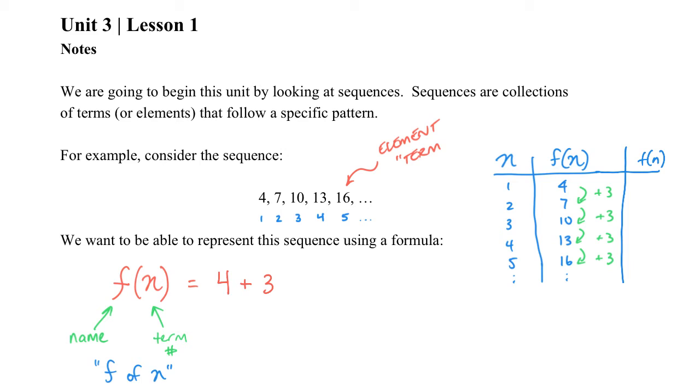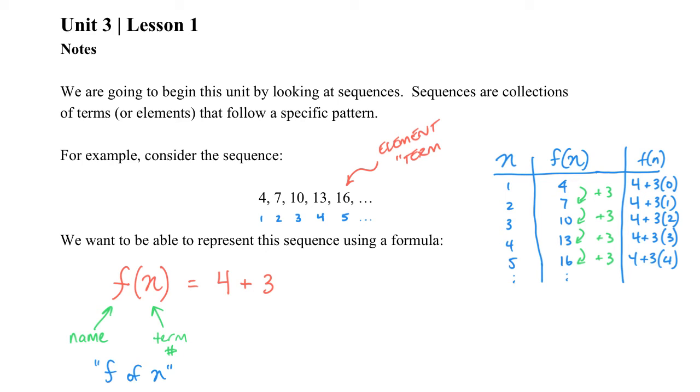Isn't this really 4 plus 3 times 0? And this is 4 plus 3 times 1, that gives me 7. And this is 4 plus 3 times 2, that gives me 10. And then 4 plus 3 times 3, that gives me 13. And then 4 plus 3 times 4, that gives me 16.